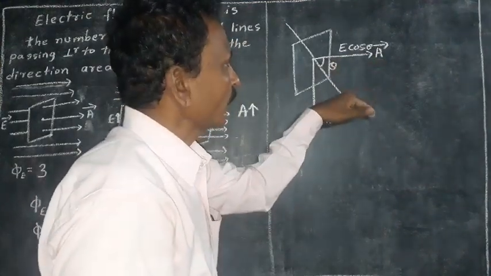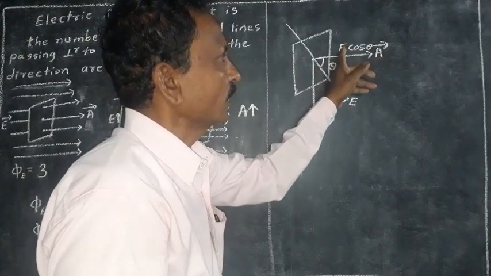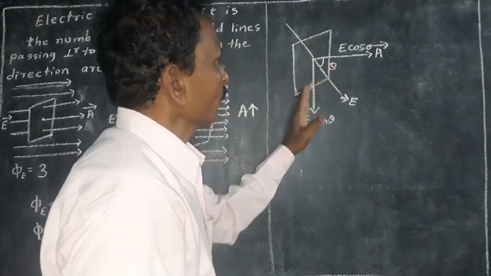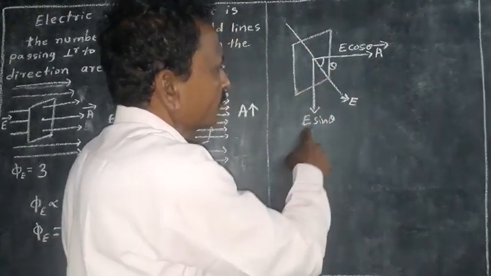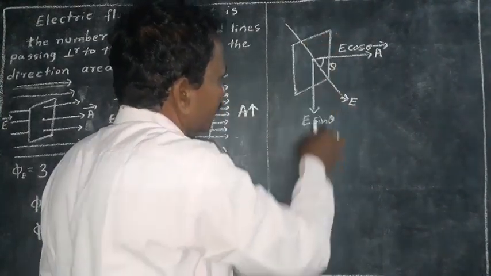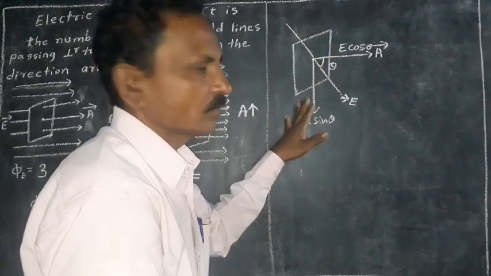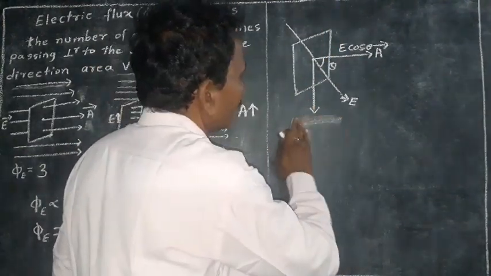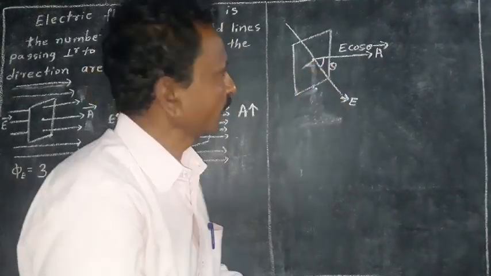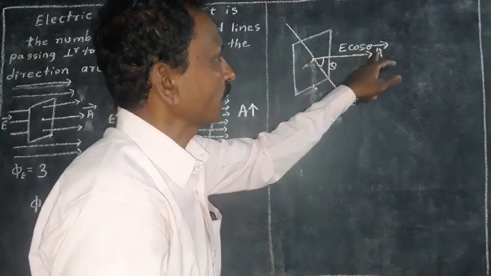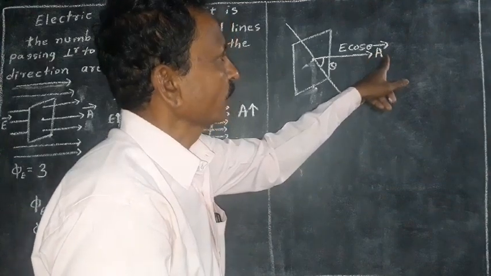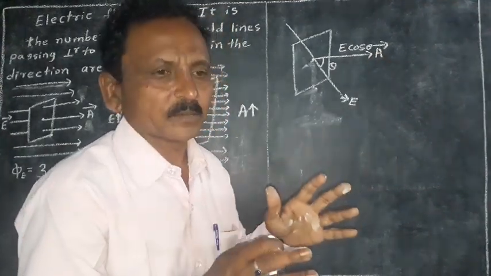The component of E along the area vector is E cos theta, and the component of E perpendicular to the area vector is E sin theta. But the components of E along this surface are parallel to the surface. Therefore, they do not contribute to the electric flux. Hence, the component E cos theta and factor A give electric flux.